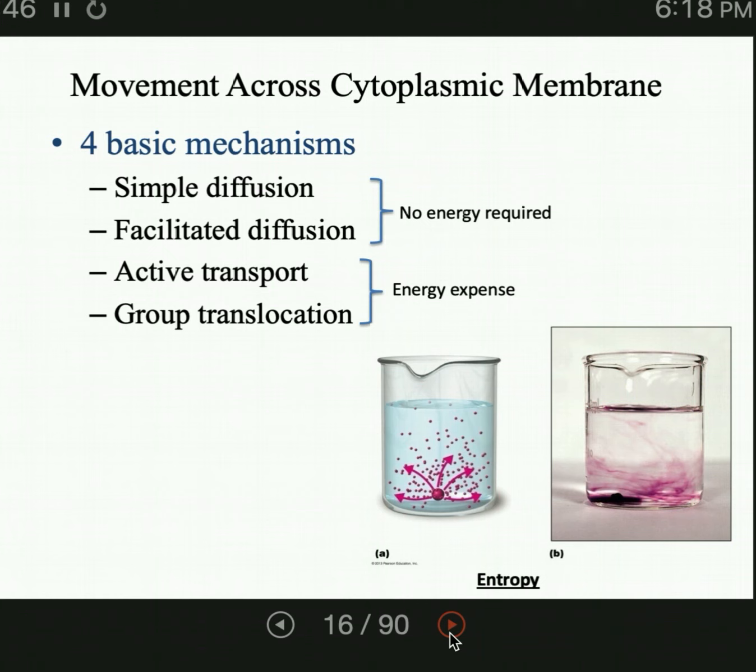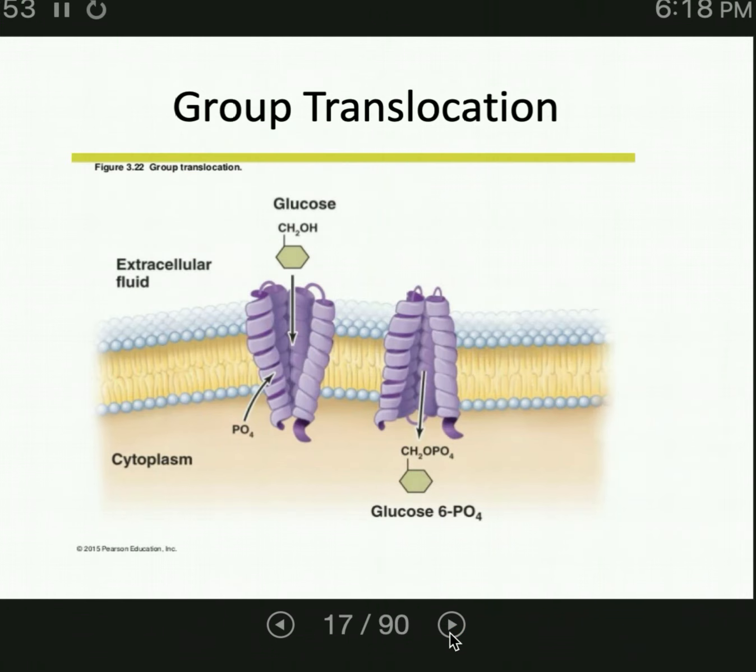Group translocation is a special kind of active transport. Okay. Group translocation is a type of active transport in which a molecule is moved against its concentration gradient, and it's also changed chemically in the process of movement, so that it's no longer able to fit into the transport channel, and that prevents its escape in the wrong direction.